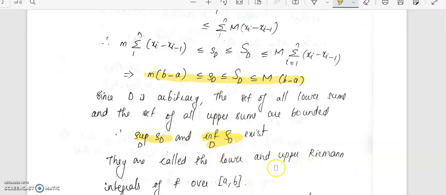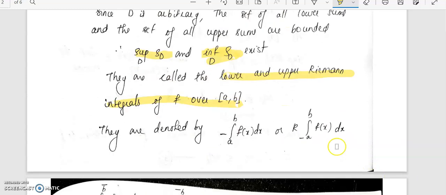So these are called the lower and upper Riemann integrals of f over a b. So this is usually denoted as, okay, element notation. So the lower Riemann integral is integral a to b f of x dx.